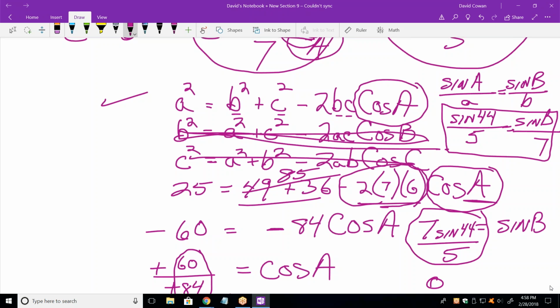Okay, so 7 sine 44, all over, let me make sure I get the parentheses right if you're using a TI-84 or something. Exactly.